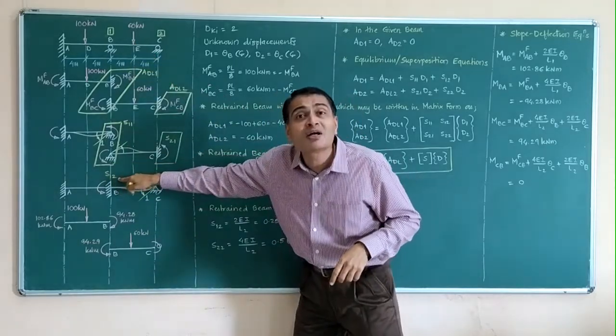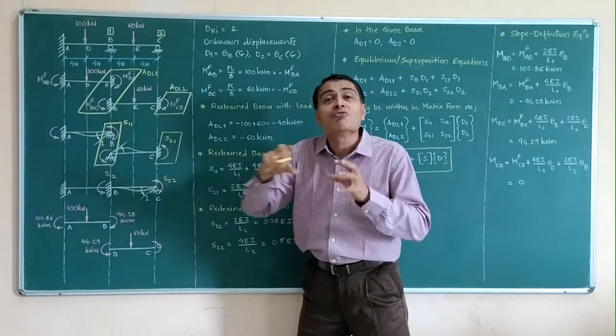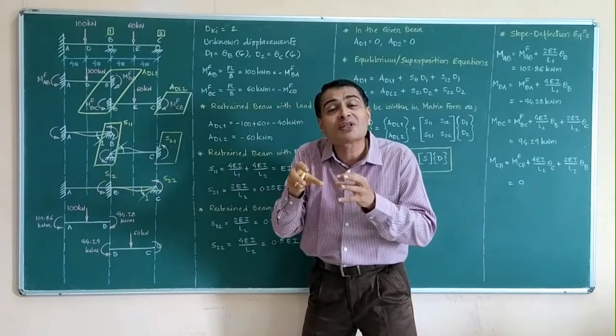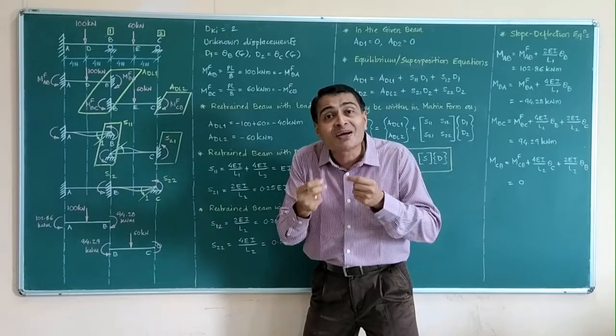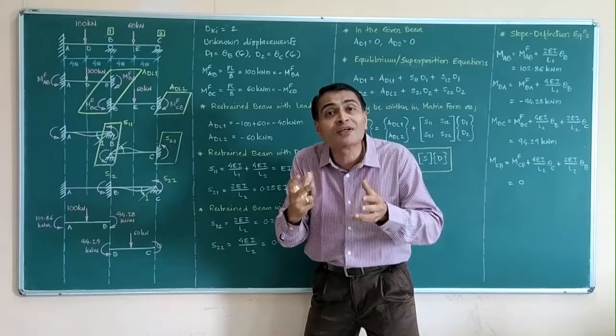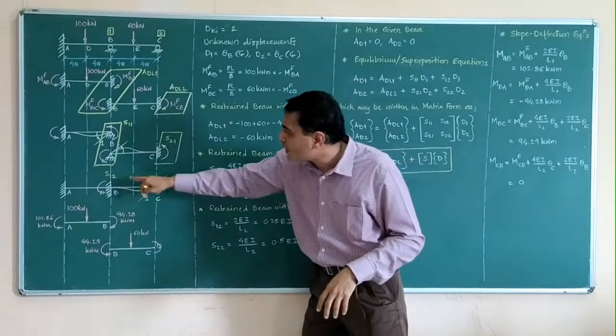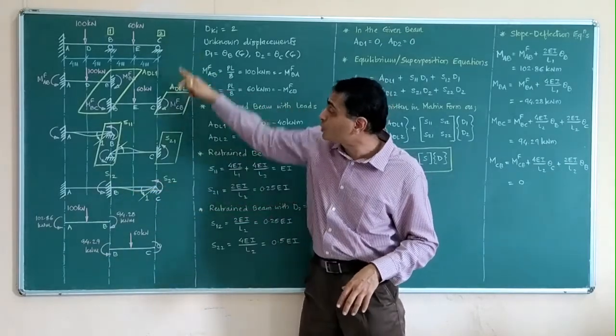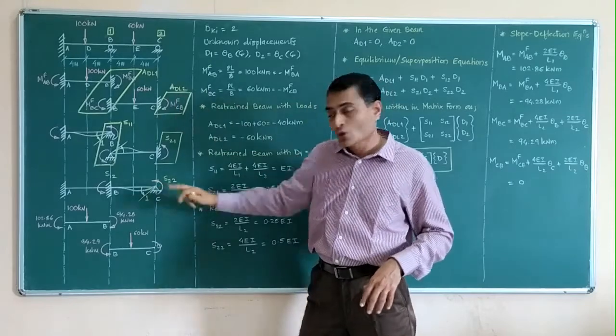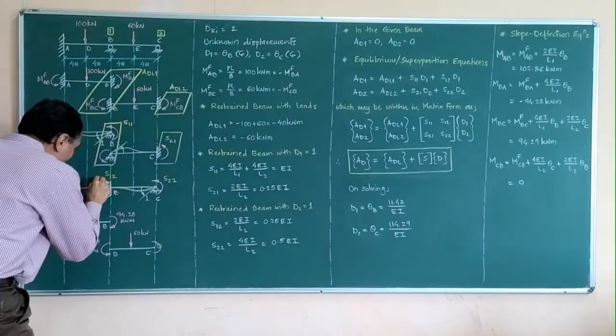And the second numeric in the suffix represents where is the cause of that development of stiffness. Where are we giving unit rotation, unit translation, whatever it is. That is why it is 2, because we have given unit rotation at node 2. So this is my S12.